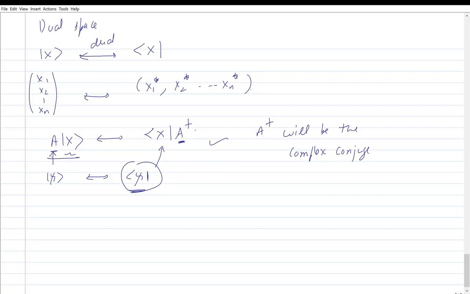So this essentially means that if I take a psi, I am trying to calculate the dual. What psi is going to be in the dual space? This is going to be represented by this guy. The A dagger is going to come out to be the complex conjugate transpose by construction.